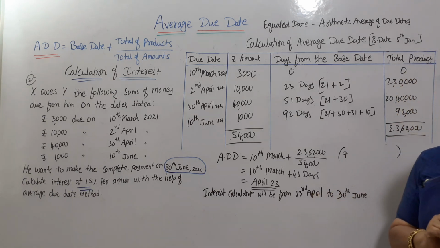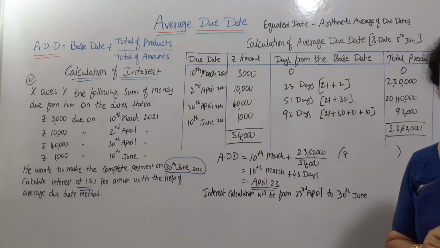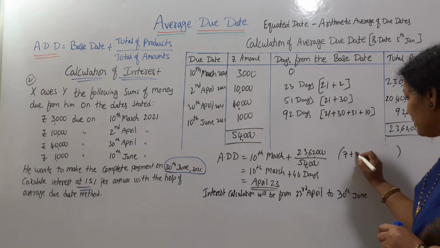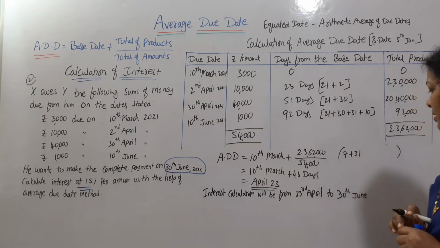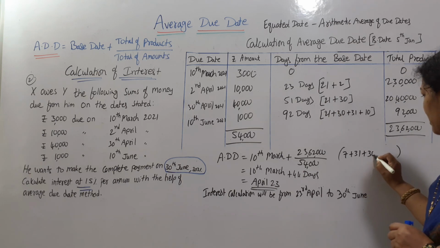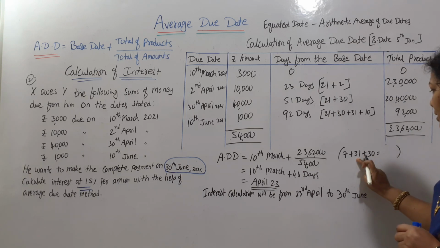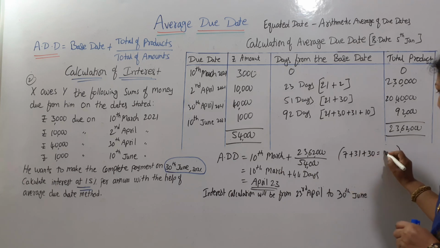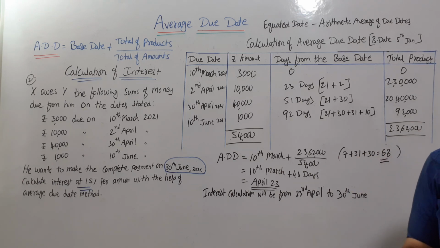And after April, May. May how many days? 31 days. Plus 31, May. June 30 days. Plus 30. It comes to 61 and 7, 68. So we are going to calculate interest for 68 days only.